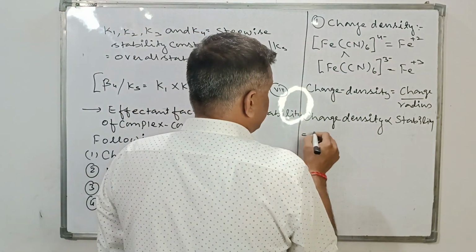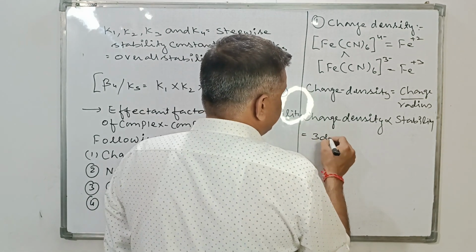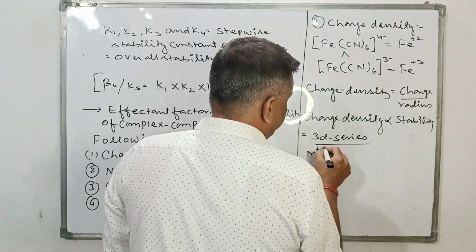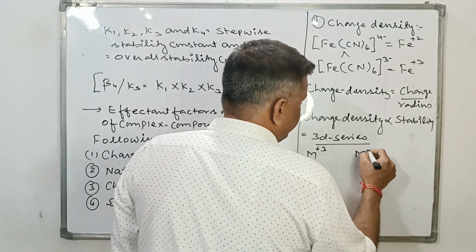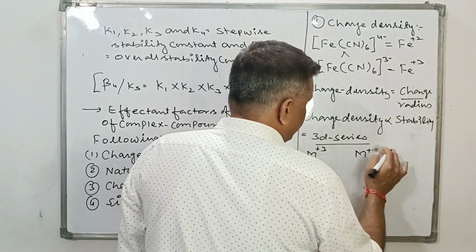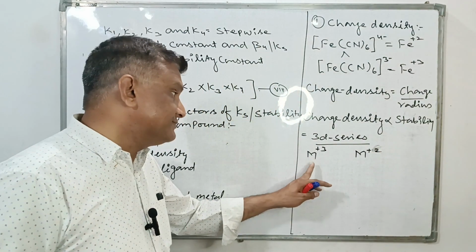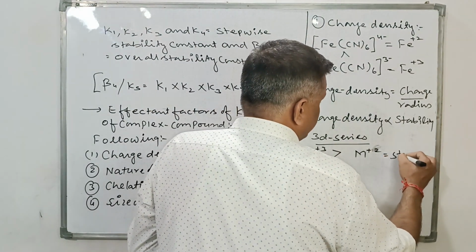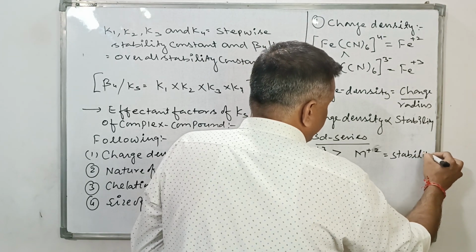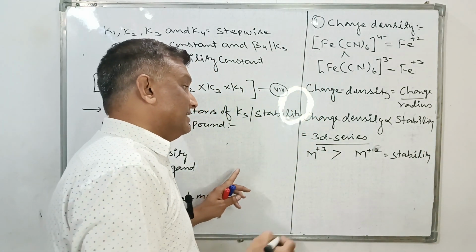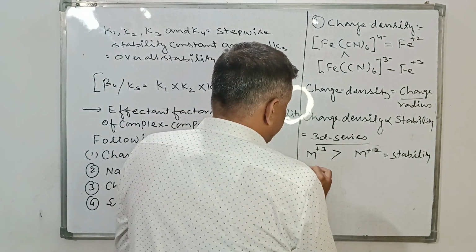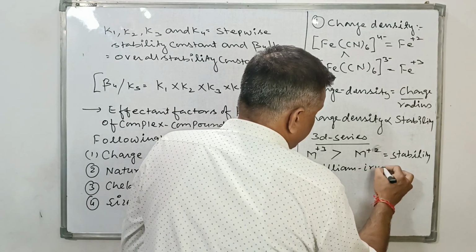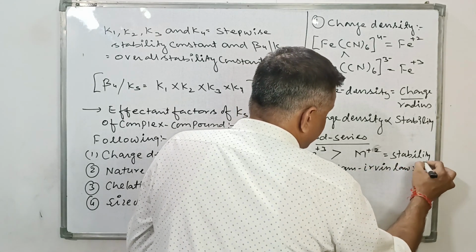If you go with the 3D series, elements which form plus 3 and elements which form plus 2, the elements which form plus 3 form more stable complex compounds than the plus 2. And if we go with plus 2, then we use the William Irving law. William Irving law, what is that?